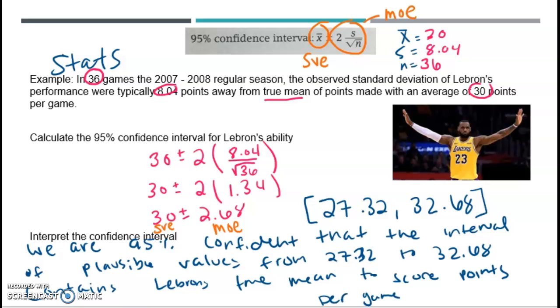I can even go ahead and say in the 2007 to 2008 season.